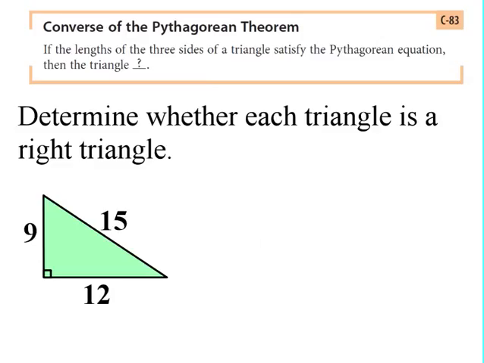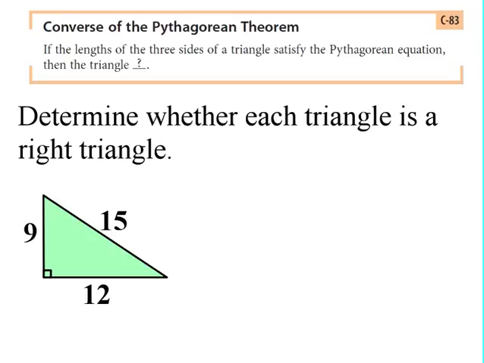And the converse of the Pythagorean theorem. The converse of the Pythagorean theorem, if you notice, states if the lengths of the three sides of a triangle satisfy the Pythagorean equation. So let's think about this, and let's try and fill the blank in based on our previous knowledge.